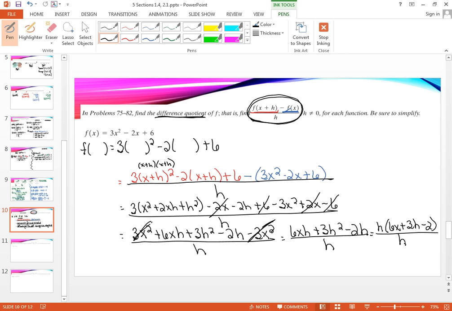And I can cancel h on top, h on bottom. I could have done it from this form, but I don't want you to make a careless mistake and forget something. Okay, so that's why I showed the factoring it out. Final answer for this is 6x plus 3h minus 2. Totally fine for that h to be in there. It just couldn't be on the denominator by itself.